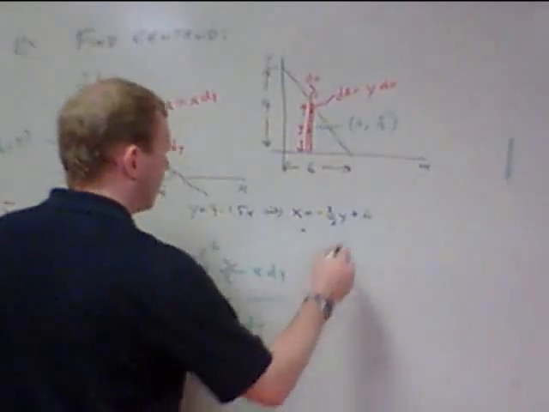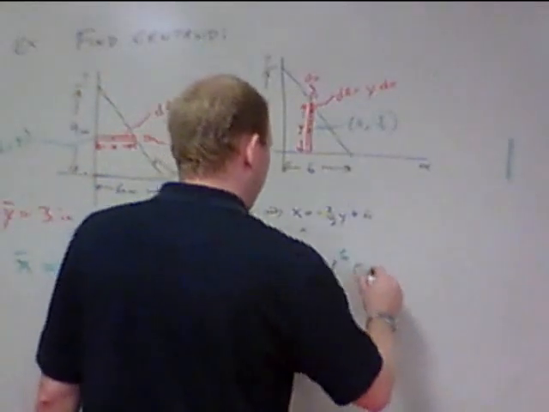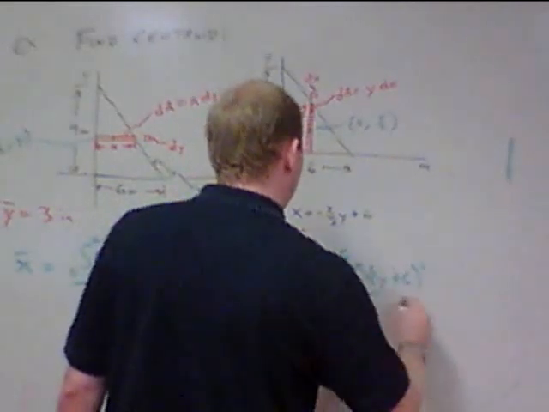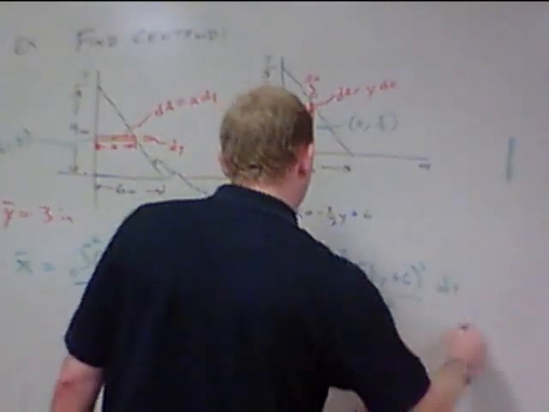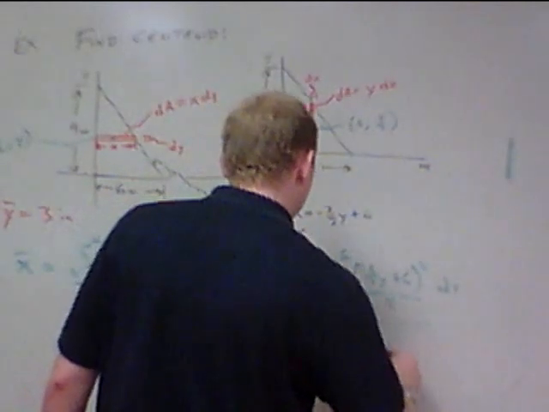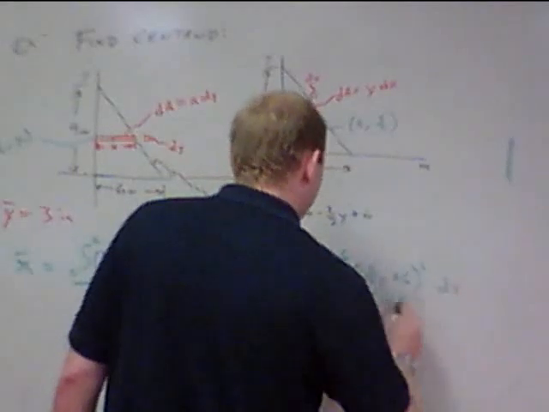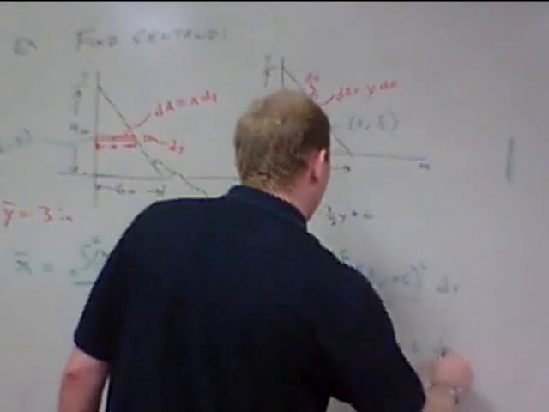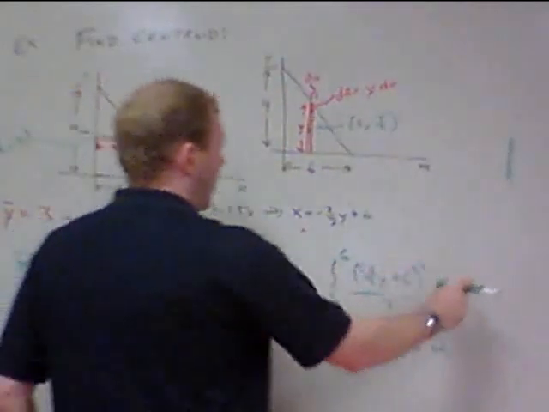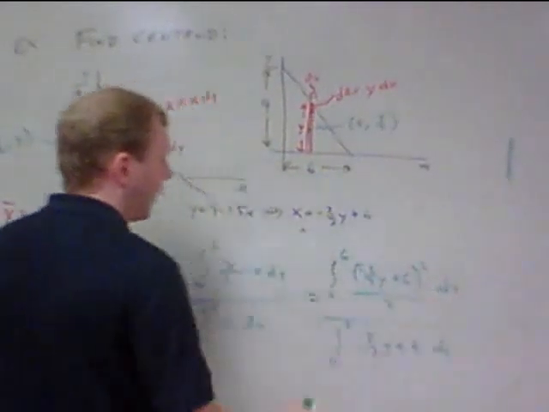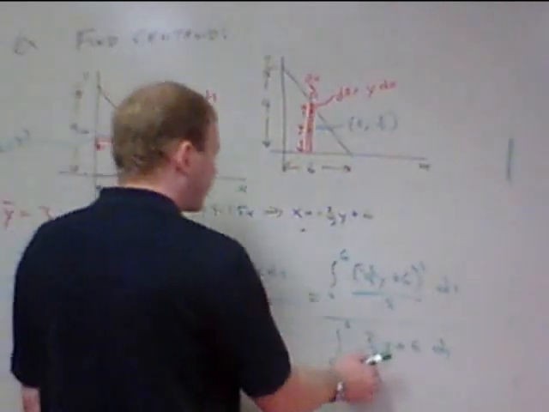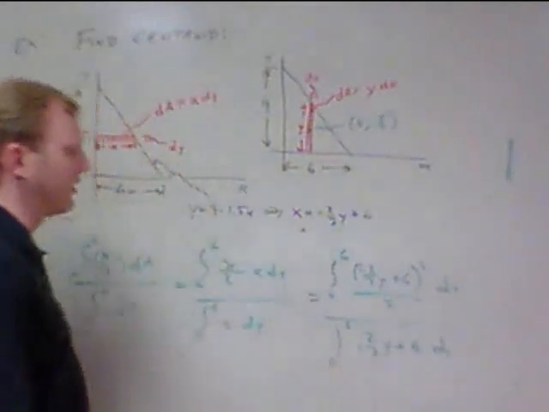X squared over 2 is minus 2/3 y plus 6 squared over 2 dy over the integral from 0 to 6 of minus 2/3 y plus 6 dy. Now this is certainly something you can evaluate. You can FOIL this out, divide it all by 2, integrate over y. This you can integrate again, 0 to 6 x dy. We just did this one, we know it comes out 27.